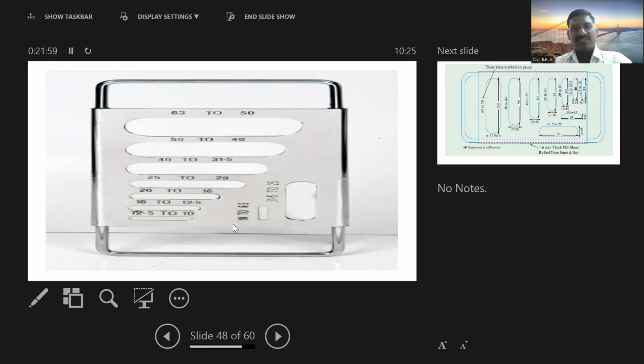So we have to pass the aggregates through it. 63 mm to 50 mm size is there, then 50 mm to 40 mm. These greater sizes of aggregates we use on the road side, 40 mm, 60 mm aggregates we use on roads. But in concrete we use up to 20 mm. So here the sizes are given. The aggregate should pass into a specific size.